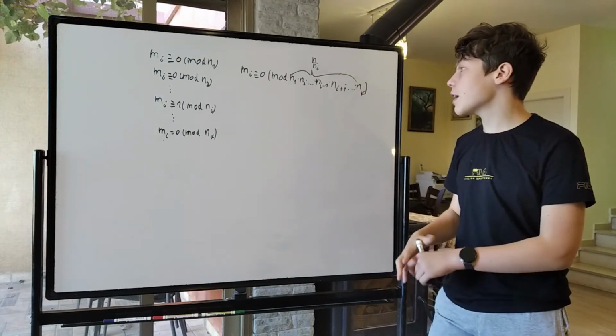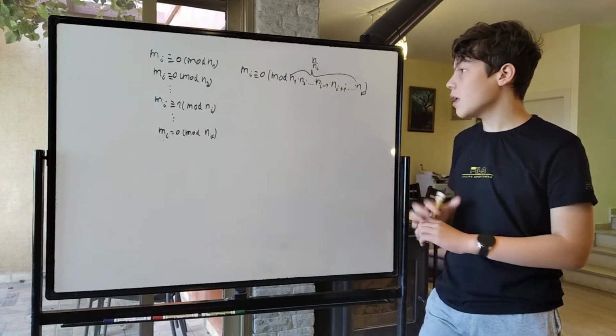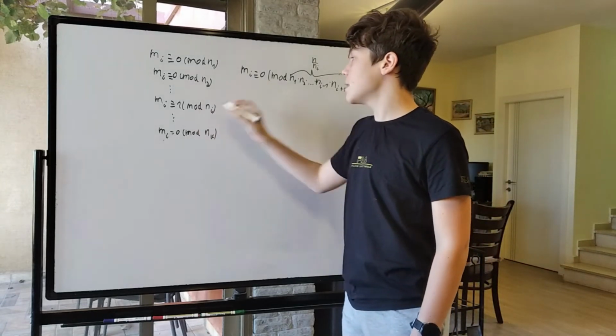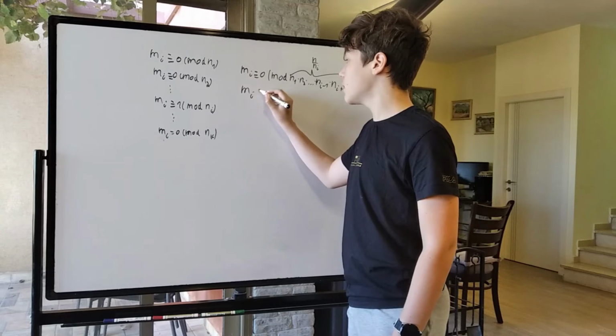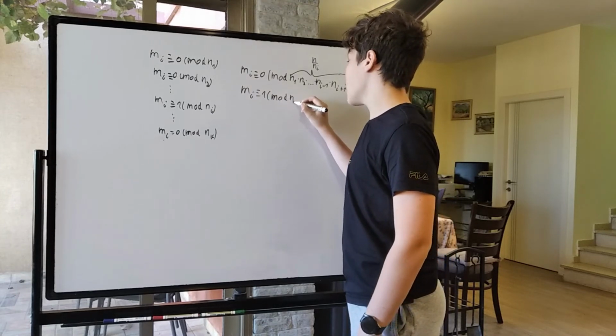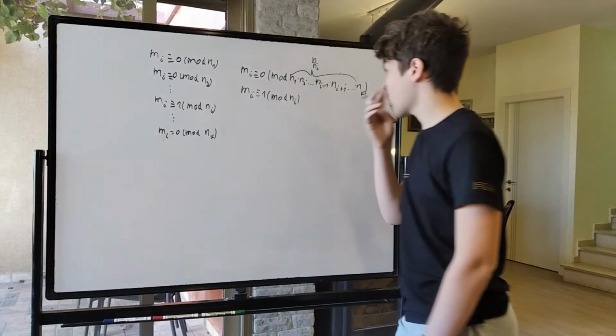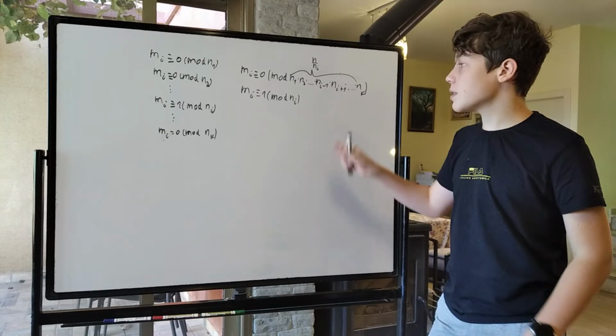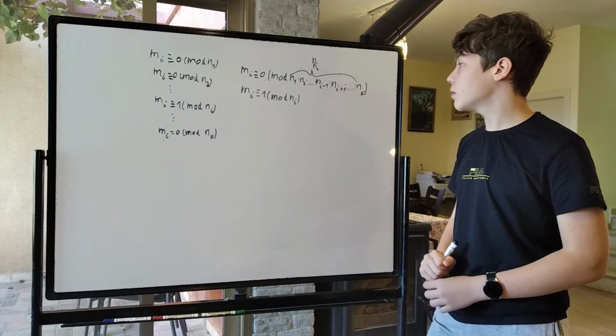So this is n over ni. And we also can't forget mi is congruent to 1 mod ni. Now this is what we need to solve.